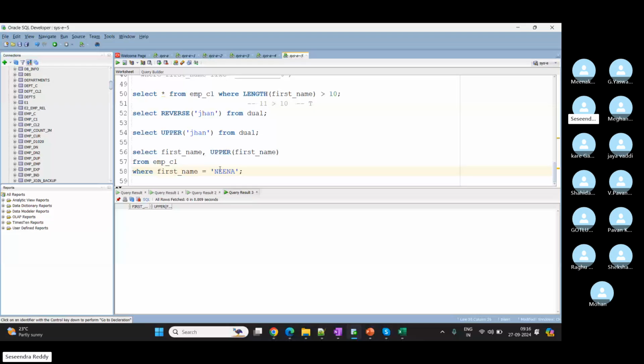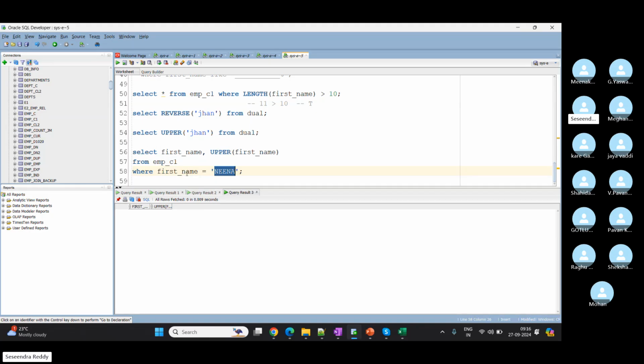Okay, so it is very important in real cases, right? We don't know how they are storing data in the database table: uppercase, lowercase, or mixed case. Or else we are storing in uppercase format only, but we don't know how the customer or user is going to provide their details.